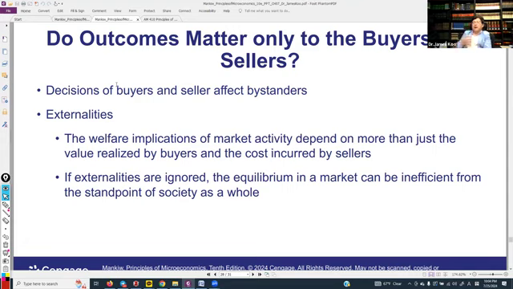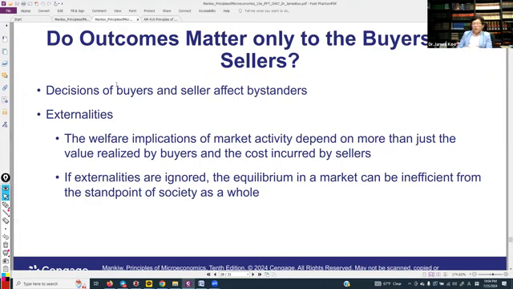The welfare implication of market activity depends on more than just the value realized by buyers and the cost incurred by sellers, not just the buyers and sellers. If externalities are ignored, equilibrium in the market can be inefficient from the standpoint of society as a whole.